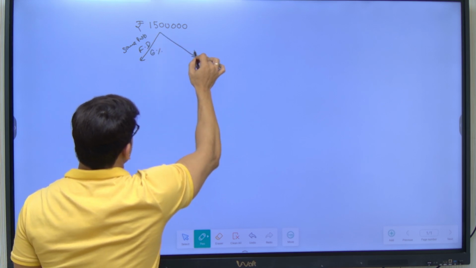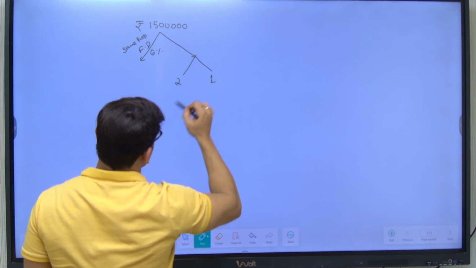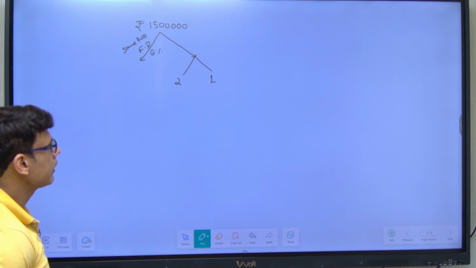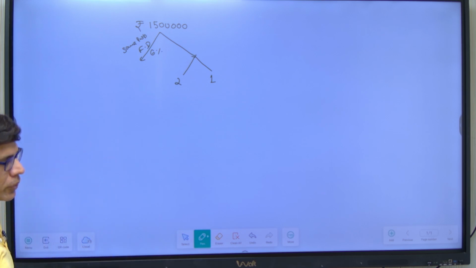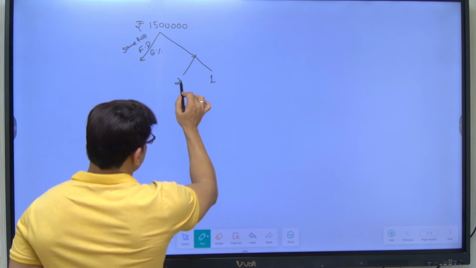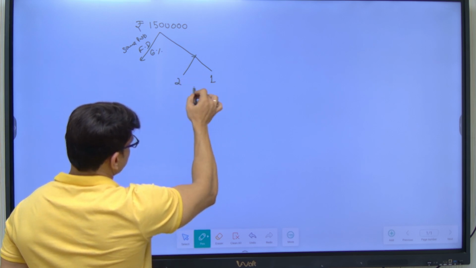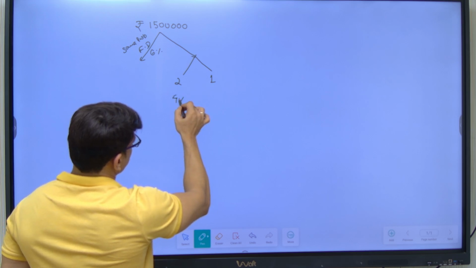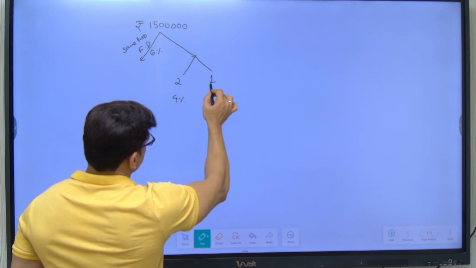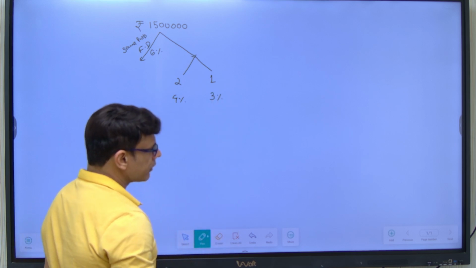The remaining part is again divided in the ratio 2:1. That means the second part, the 2 parts which he deposited, is offering 4% rate of interest, and this one part is offering 3% rate of interest.